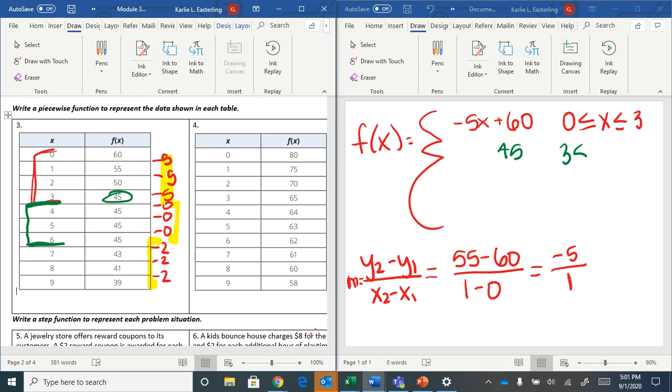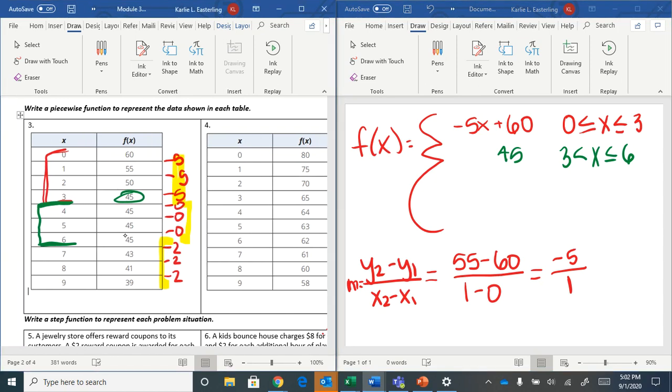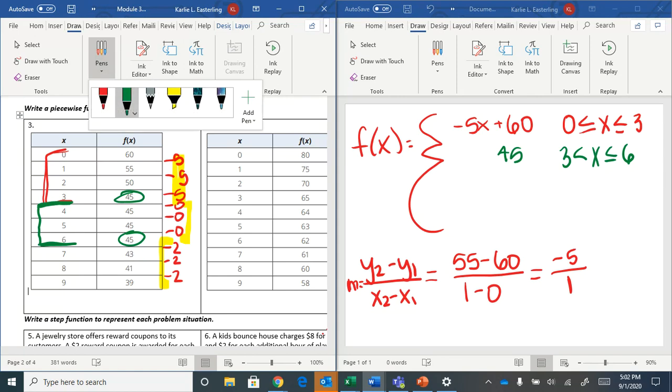So we're not going to include it in this piece, but we are going to include it in our domain because we have to have it to be able to get the rest of those values there. And we subtract 0 all the way until we're at 6, and we are going to include 6 because we subtracted 0 to get that sixth value, which is right there.